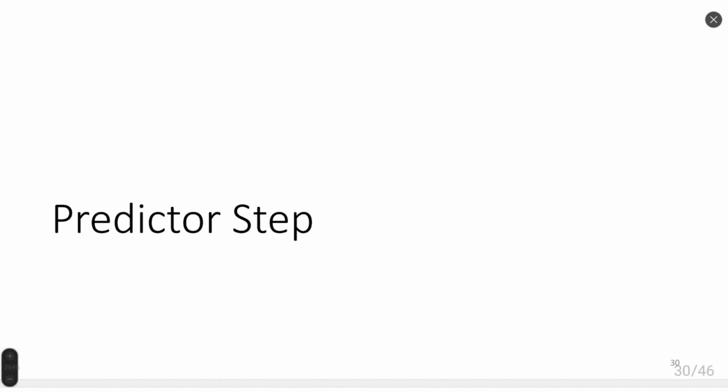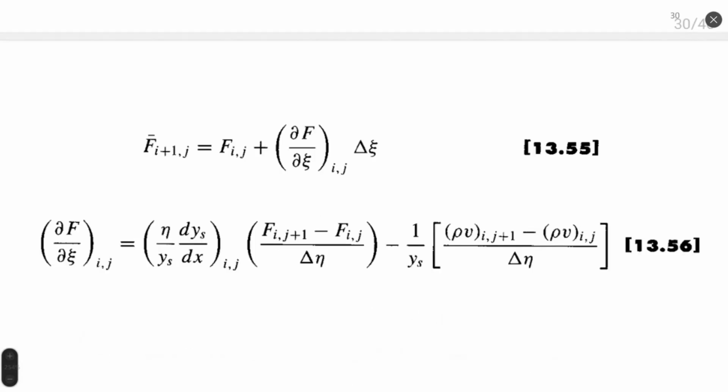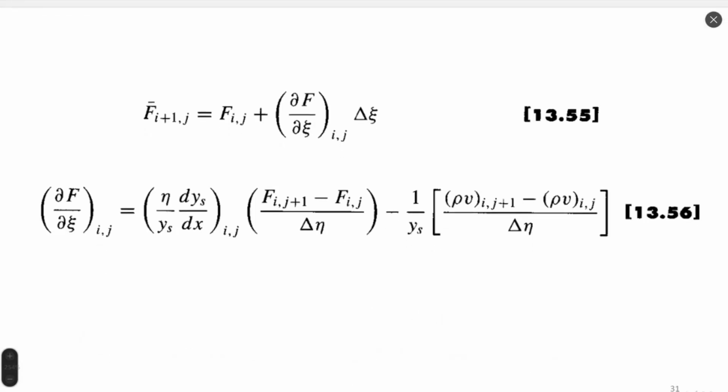Predictor corrector is a typical strategy to solve flow equations. For example, on predictor step, for any equation, for example F equation, the continuity equation, the new value of the function would be equal to the old value plus derivative multiplied by step, right?